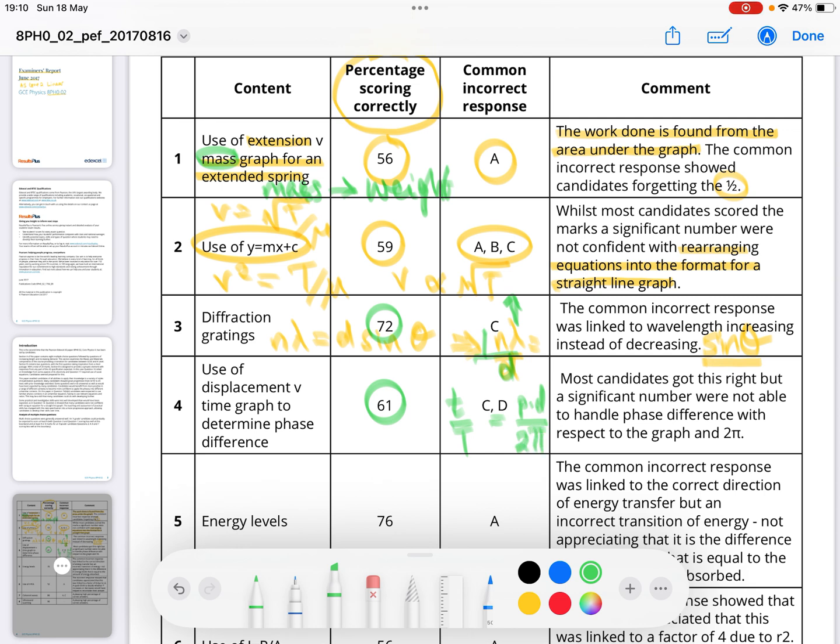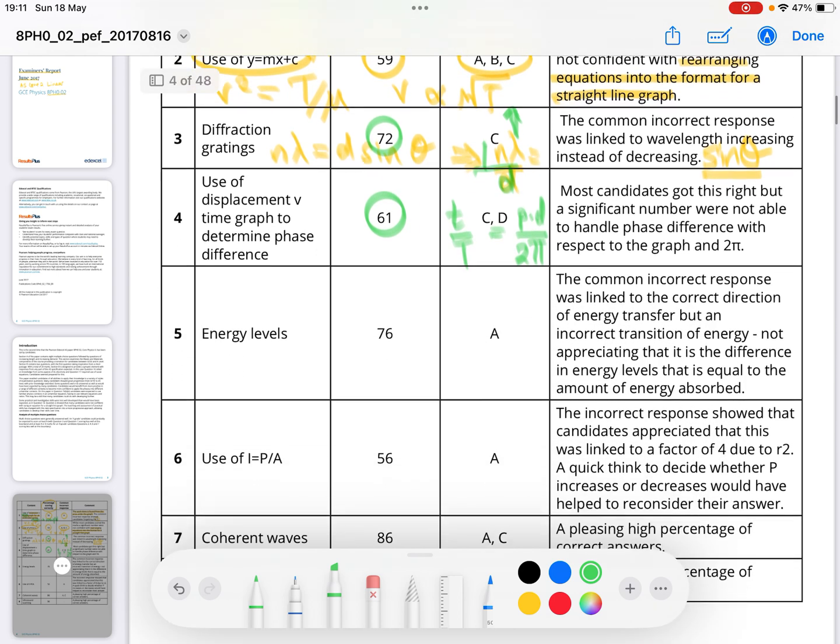What t is to a full period, the phase difference is to 2 pi. So they want you to work out the phase difference. If you do that, you can make phase difference the subject of the equation, and you'll get t times 2 pi over the period, which gives you the answer A, okay?